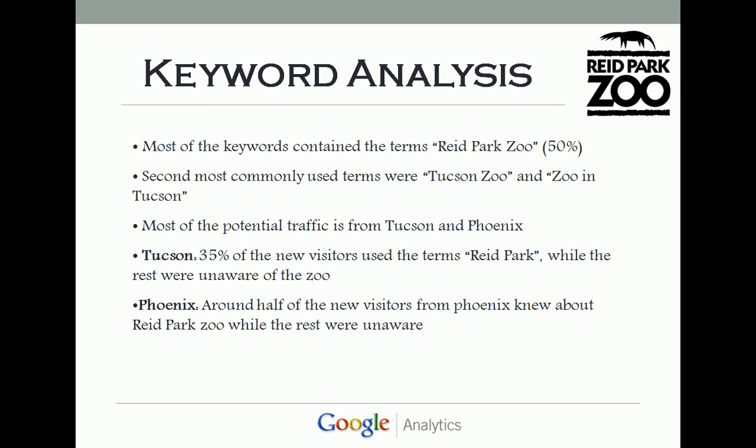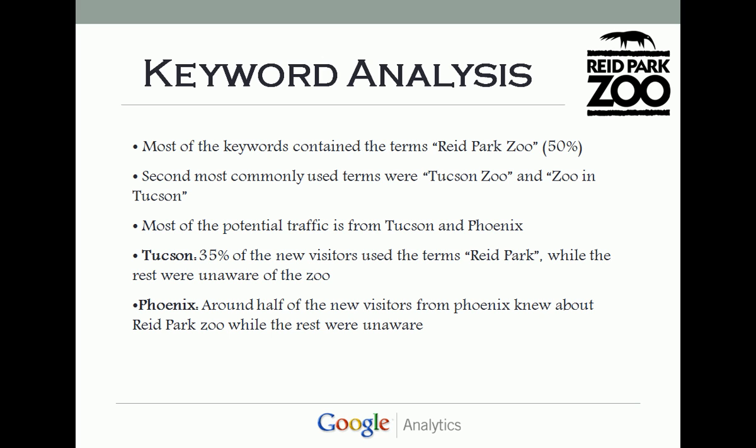Most of the keywords used to reach this website contain the terms Reid Park Zoo, about 50%, which shows that most of the visitors knew about the zoo already. The second most commonly used terms were like Tucson Zoo and Zoo in Tucson, which also says that there are a majority of users who don't know about the zoo and can be converted into our potential customers.